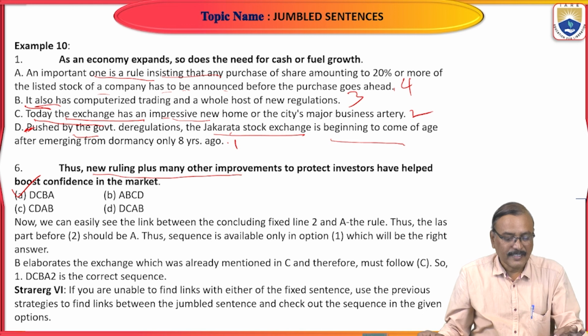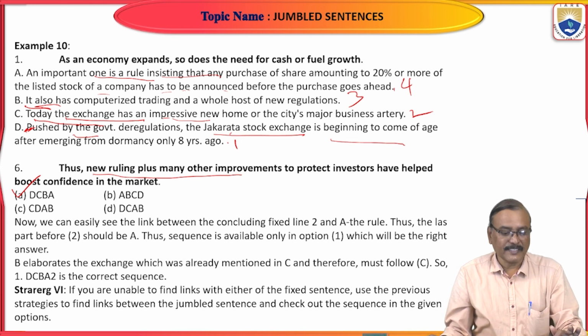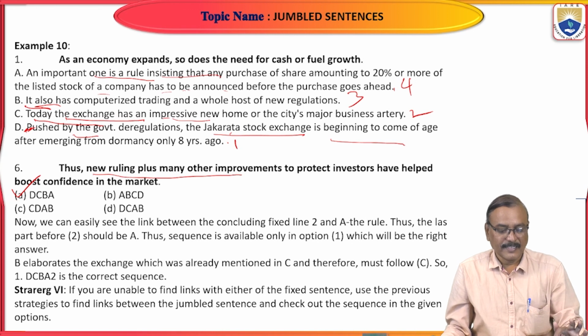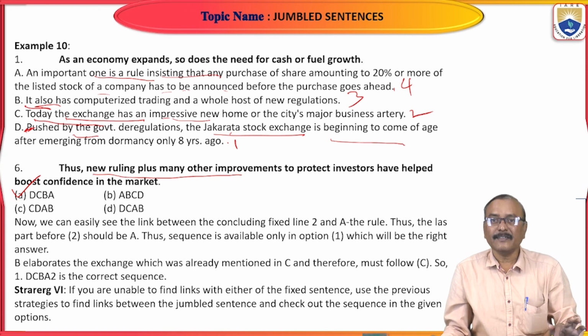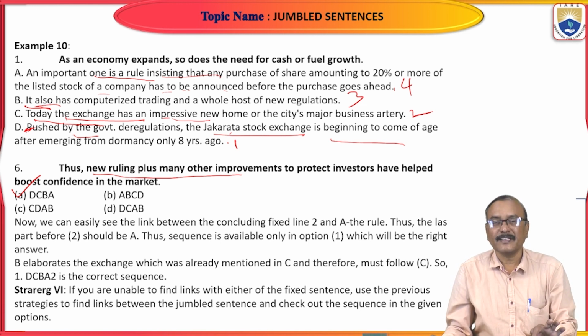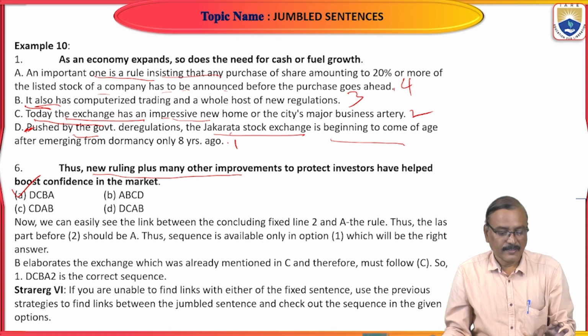For example, here, the first sentence is D. So with D, the options with D and A are there. Then simply read the sentences in this order, DCBA, DCAB. Is it clear? So between C and A, see the link. Okay?